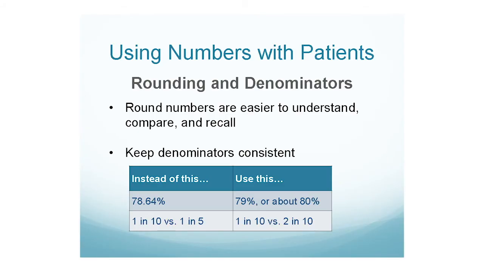This is really important, is rounding the numbers and using the same denominator. Because it's really interesting. Again, remember math anxiety, and not everybody is great at math. If I start saying 1 in 10 and 1 in 5, or 1 in 10 and 2 in 10, some people actually think 1 in 5 is a better chance than the 2 in 10.